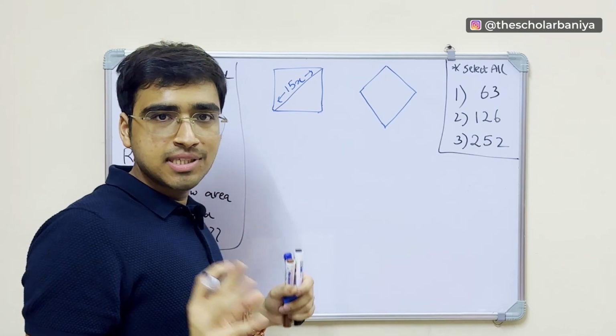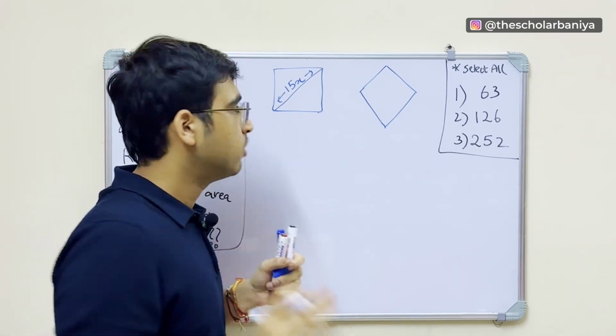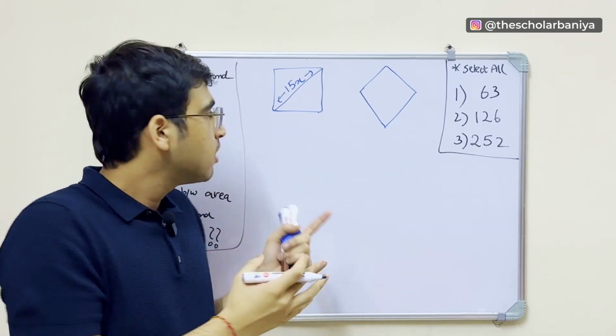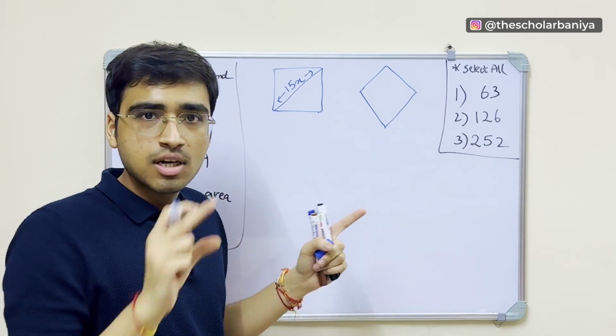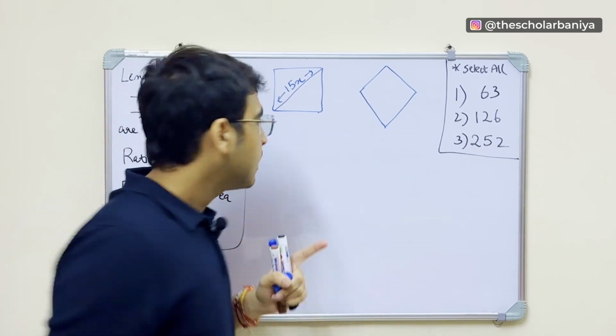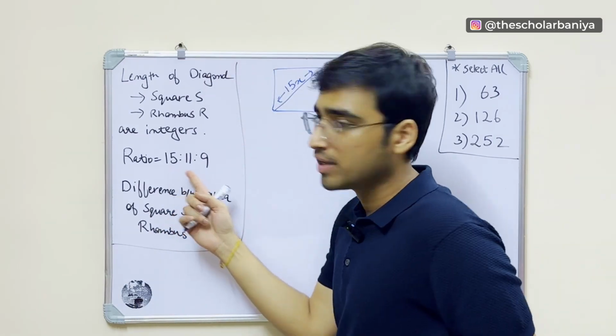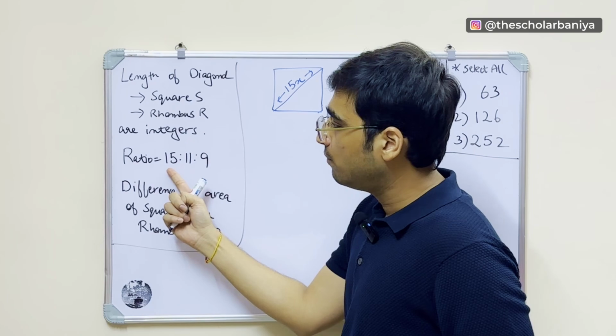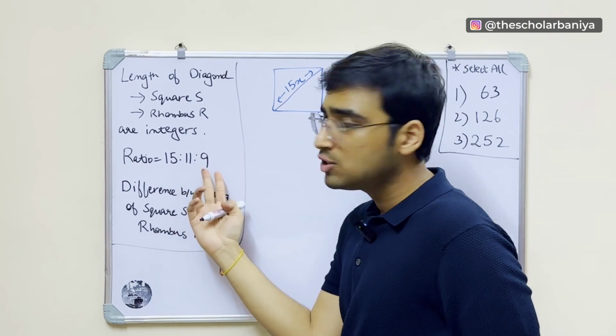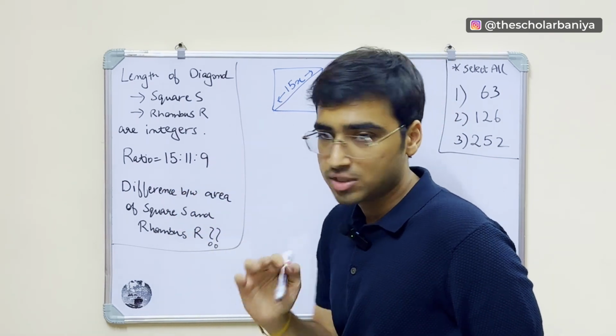And because a rhombus has two diagonals, right, d1 and d2, because a square has also two diagonals, but both of the diagonals are equal. But in rhombus, the two diagonals are not equal. That is why we have three diagonals over here, one for the square and two for the rhombus, right? So 15 we take for the square, and these two remaining diagonals we take for the rhombus.